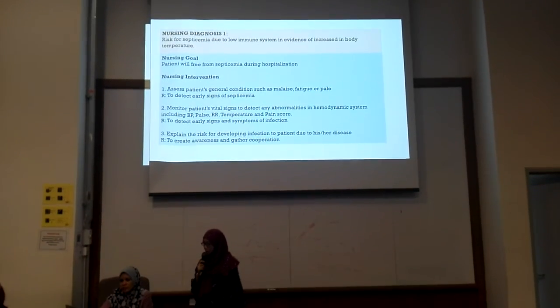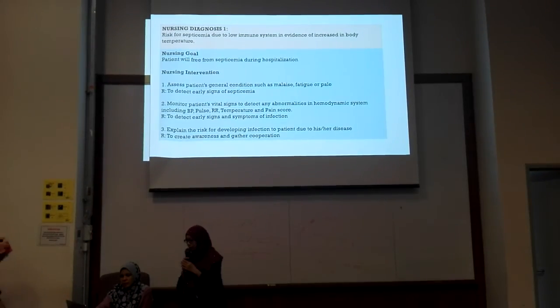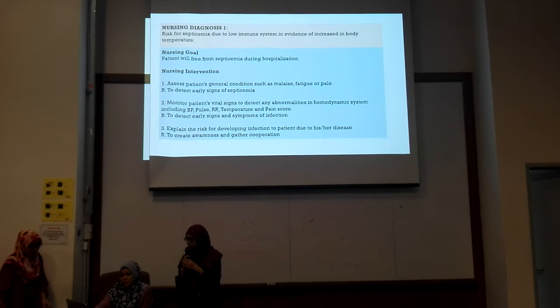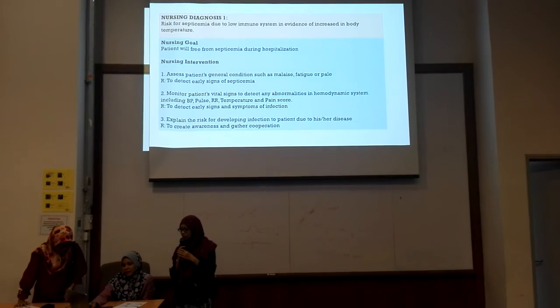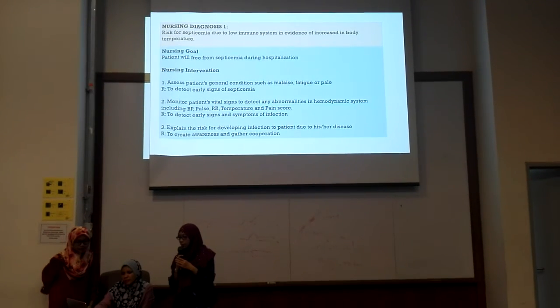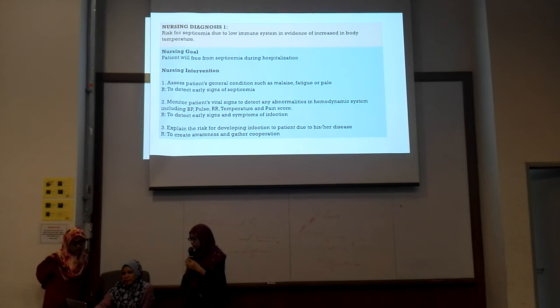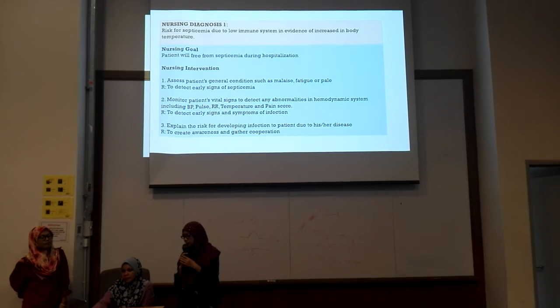I will continue with nursing diagnosis number 1. Risk for septicemia due to low immune system, as evidenced by increase in body temperature. For the nursing goal, patient will be free from septicemia during hospitalization.